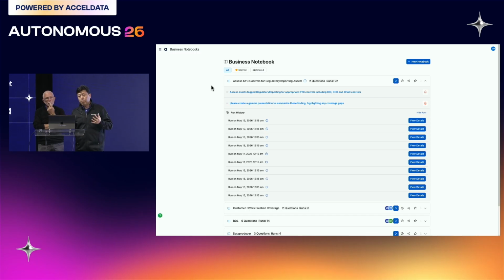The business notebook gives you more flexibility because you can assemble multiple tasks. And what you're seeing here is that one task was to send me a report as the head of compliance, and the second one was to notify Joe and have Joe do the diagnosis. So now I'm going to hand over to Joe, who's going to show you what it shared with him and how he's going to deal with my unhappiness.